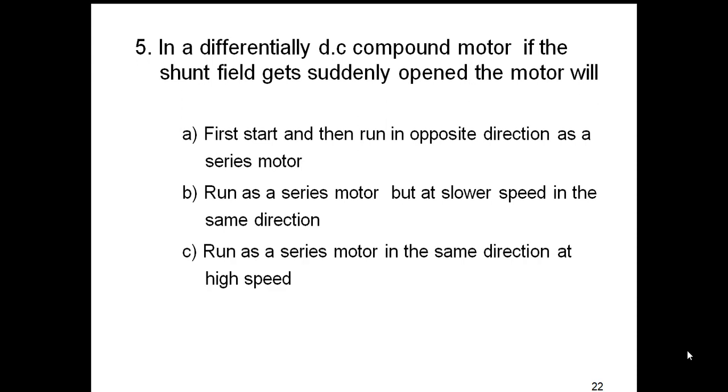Option C is run as a series motor in the same direction at high speed. And option D is not work and come to standstill. The answer is first start and then run in opposite direction as a series motor.